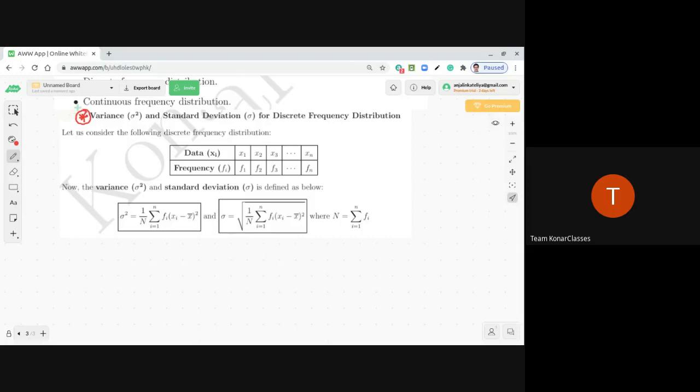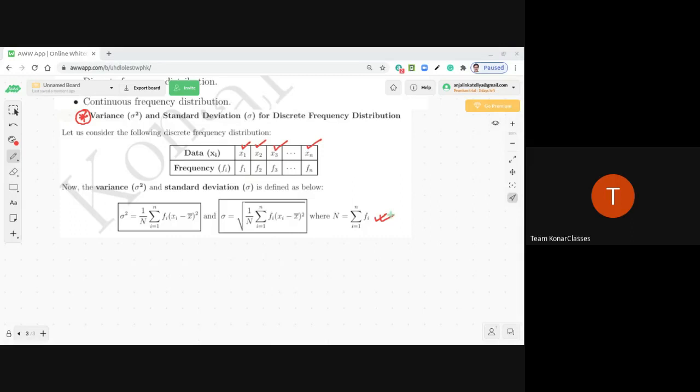In a discrete frequency distribution, the value x1 comes with frequency f1, the value x2 with frequency f2, x3 with frequency f3, and in that way the value xn comes with frequency fn. Then the variance we compute is 1 by capital N into summation of fi into xi minus x bar whole square, and sigma is nothing but the square root of that expression, where capital N is equal to the sum of all these frequencies. Correct?